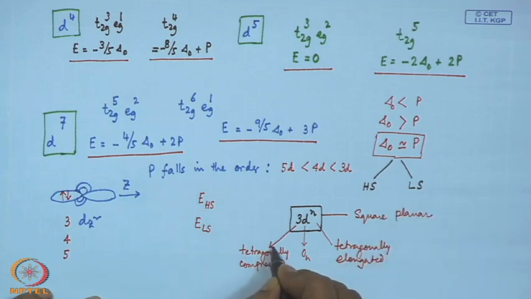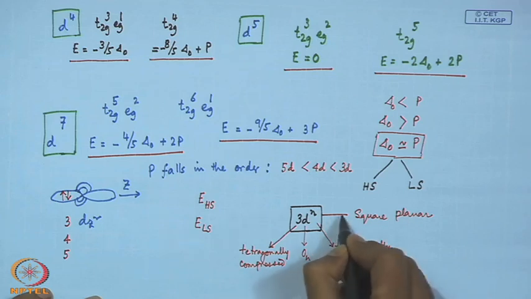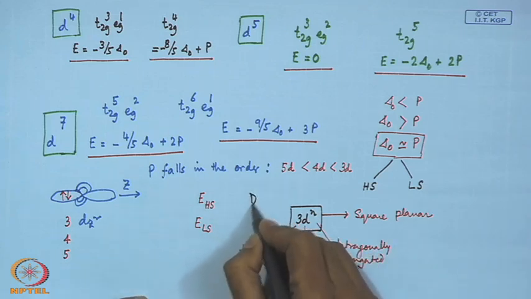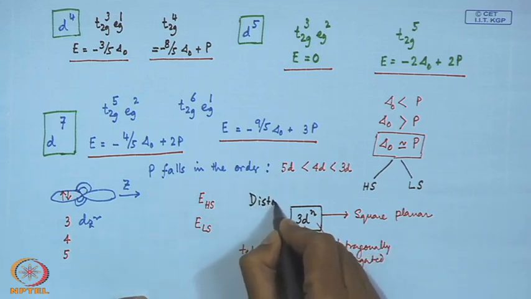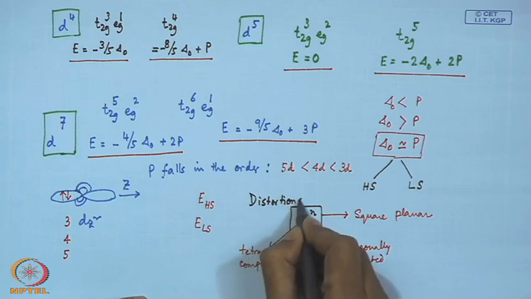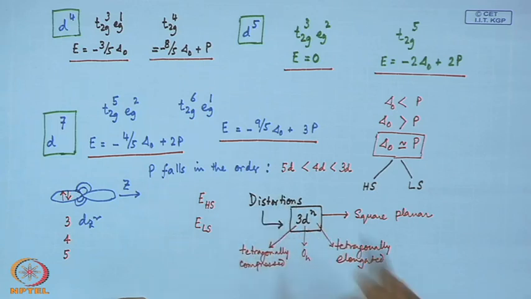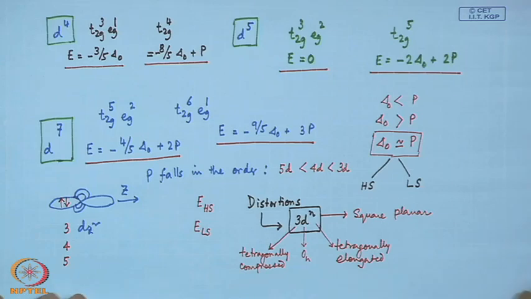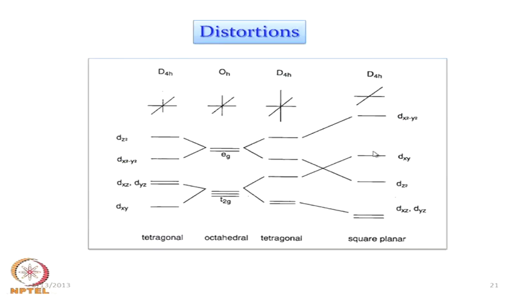So, if we have some idea about all these, we should be able to write down the electronic configuration for any d n system for these typical distortions. So, if we have distortions on any d n electronic configuration in all these 4 geometries, we should be able to write down their electronic configuration nicely from these orderings of the different d levels.